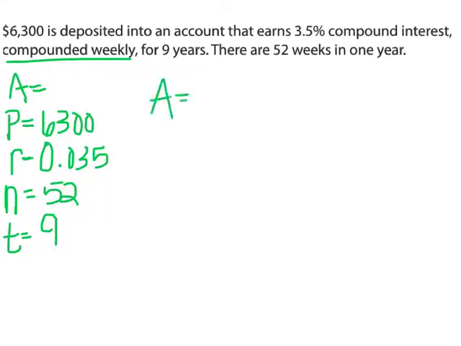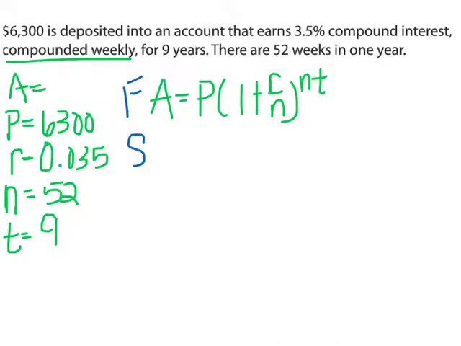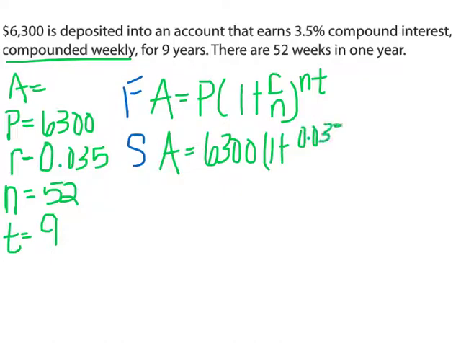So our formula, P(1 plus rate over number of times compounded) to the number of times compounded times your time. Now we substitute in principal 6,300, 1 plus our rate divided by 52, and 52 times 9.